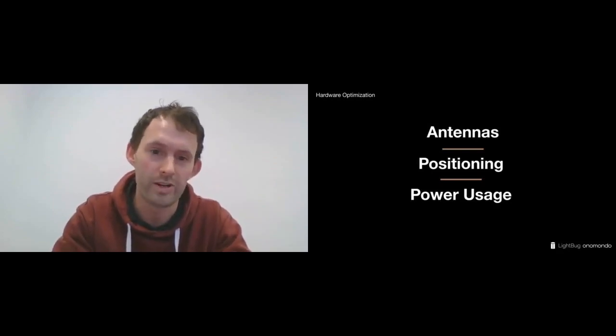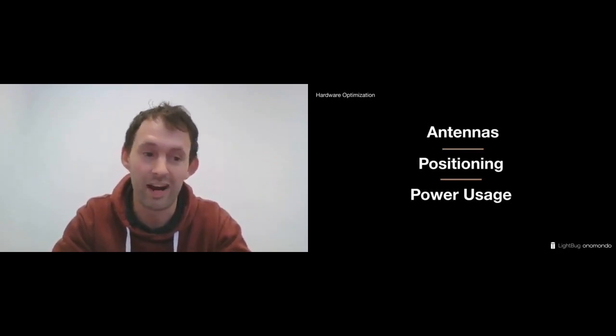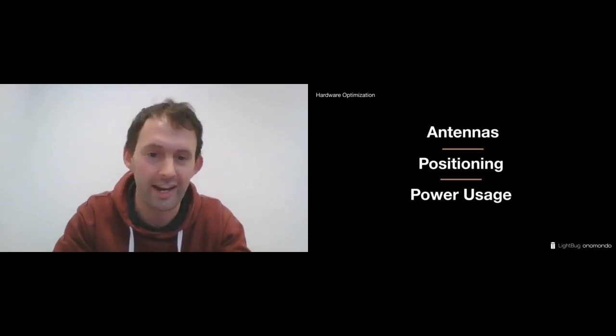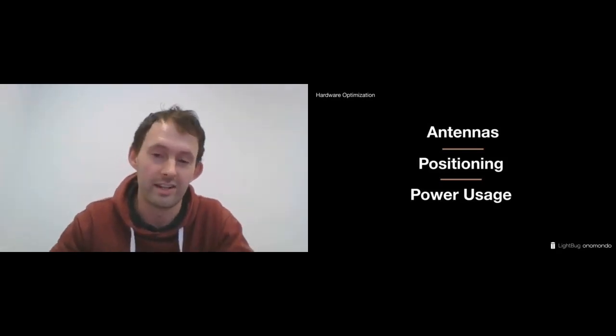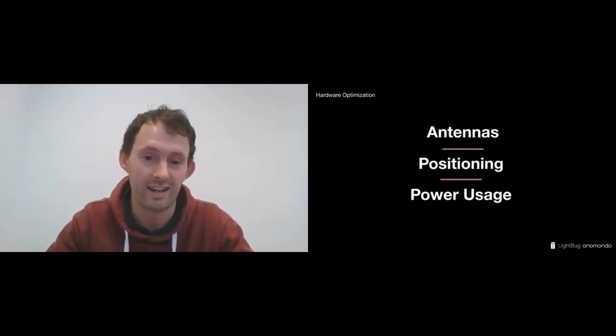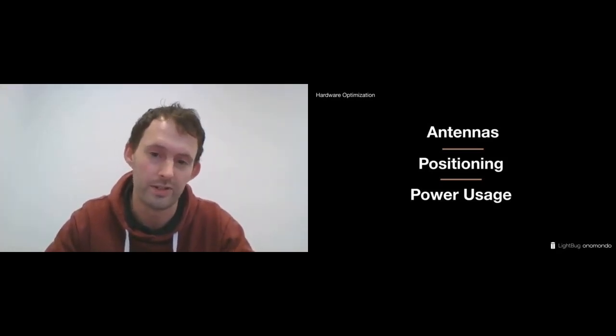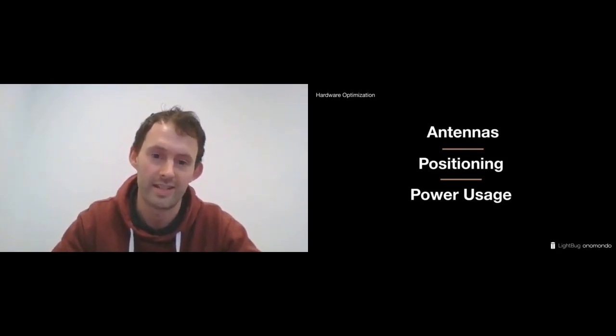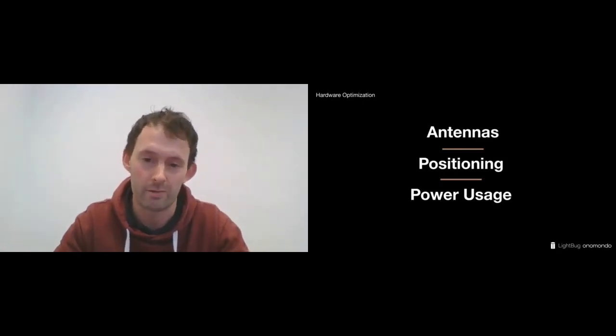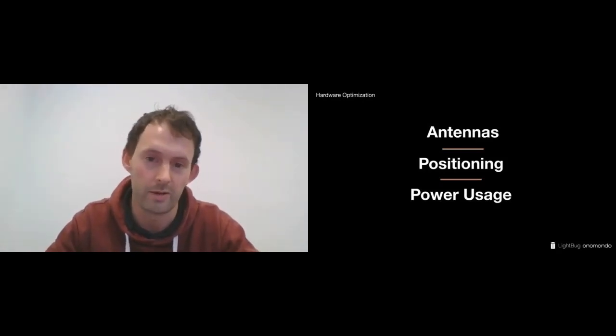So we try to get out of customers: how big can we make this device? Does it matter if it's the size of a lighter, or can it be the size of a brick? Quite often the answers surprise us in that people don't tend to care too much about size. Sometimes it's really critical, but that's the first place we start: how do we maximize antennas, so reception, the free space around the device in order to maximize that coverage piece.